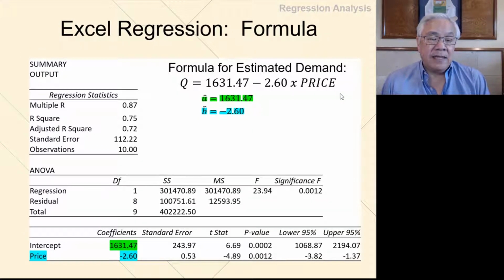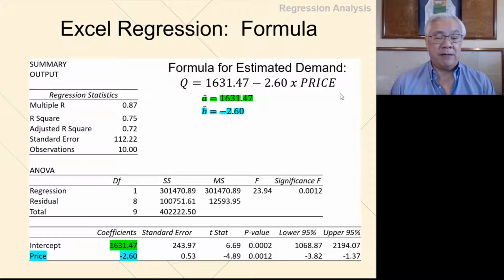So when we look at typical output from Excel, we see a bunch of things here. So I'm going to walk you through this. Again, this may be a review for many, if not most of you, but I'll just go through it and make sure we're on the same page. First is, what is the formula? If we ran this linear regression, the formula is the quantity equals the constant coefficient, plus the coefficient for the first variable, but it's a negative, right?